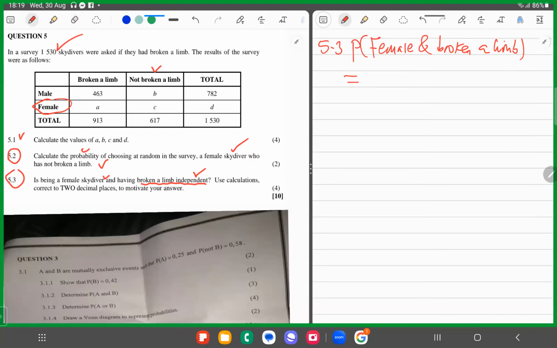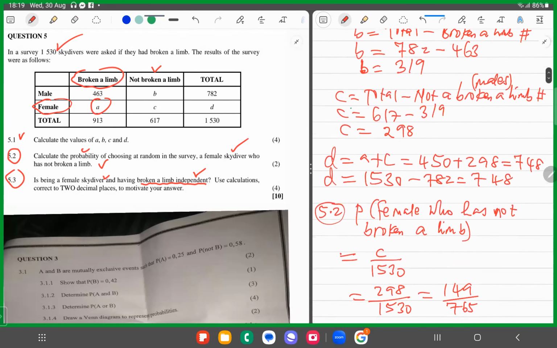What is the probability of female and broken a limb? So think about this. We have already got the rest of these here. So broken limb is this one and female is this one. So we have already got A.